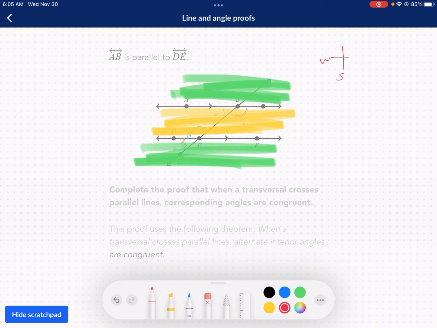Now we have the transversal coming through. If the angles are on the same side, they would be on this same side of the transversal. But if they're alternate, they would be on opposite sides of that transversal. Just to give you some of the lingo.